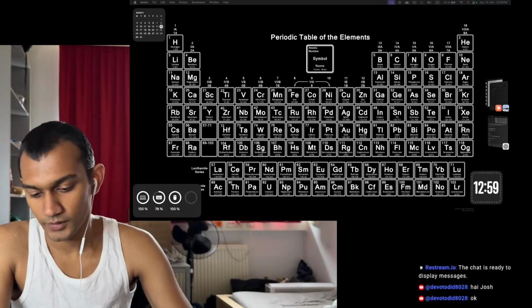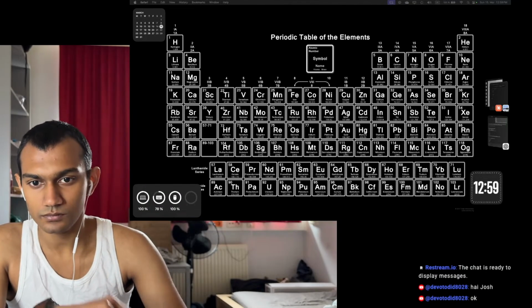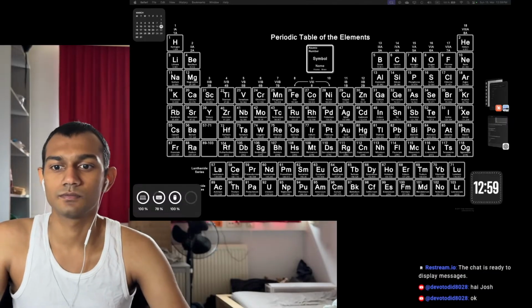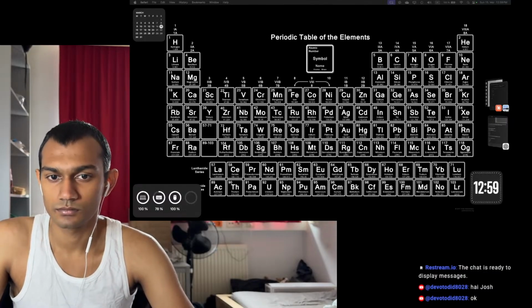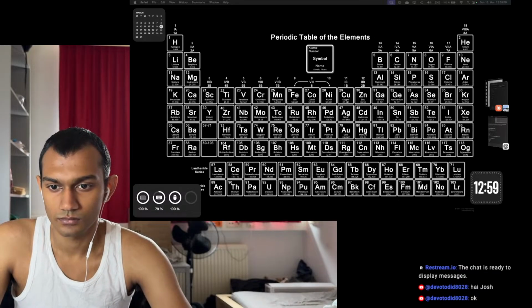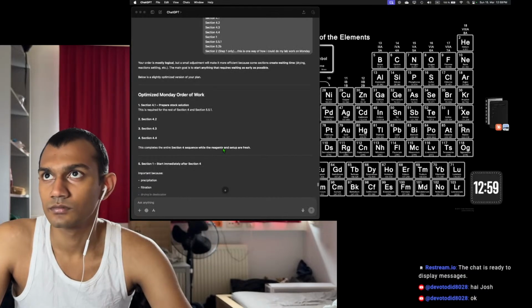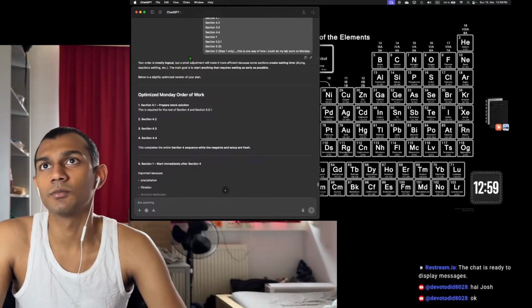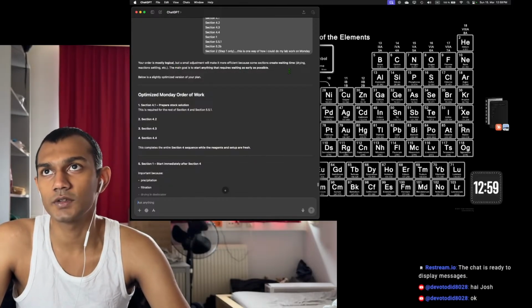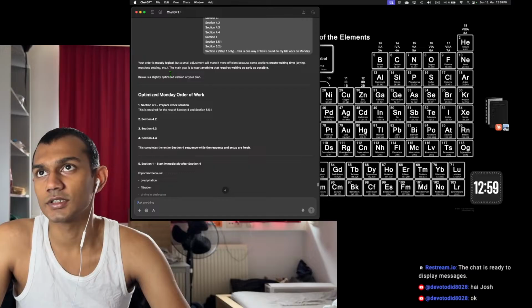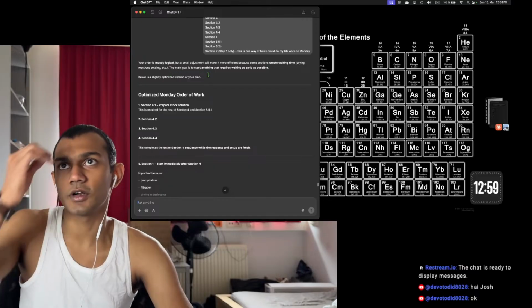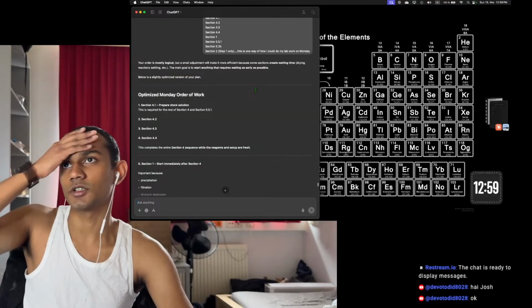Okay. 15 minutes. Push up. The order is mostly logical, but small adjustments will make it more efficient because some sections create waiting time, drying, reaction settings, etc. The main goal is to start anything that requires waiting as early as possible.